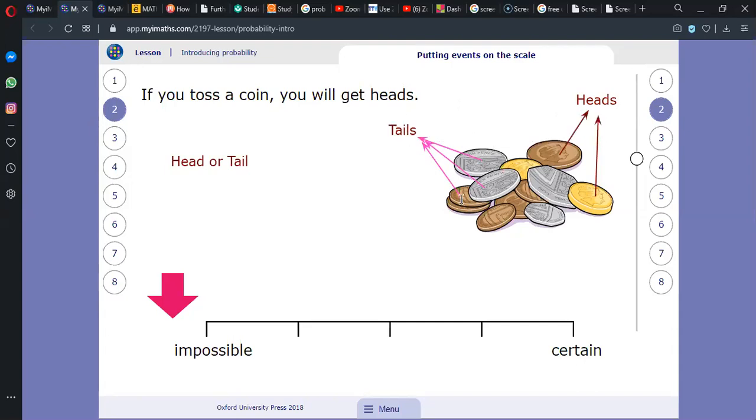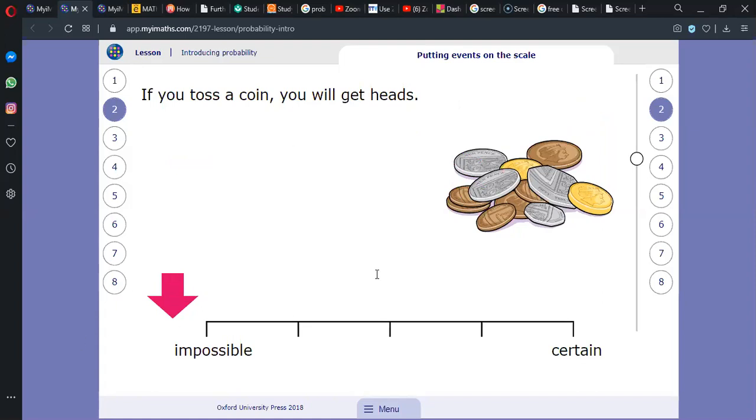All right. So I believe that is understood. Clear drawings. Now, because we know that a coin will always have a head or a tail when you toss the coin, the event here is for you to get heads. Of course, when you toss a coin, it either lands on the head side or the tail side.